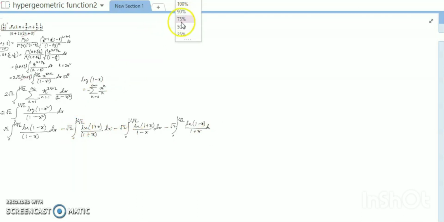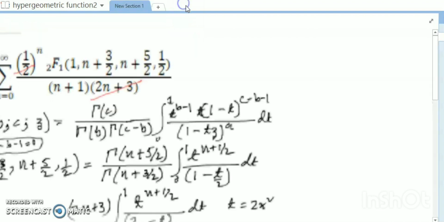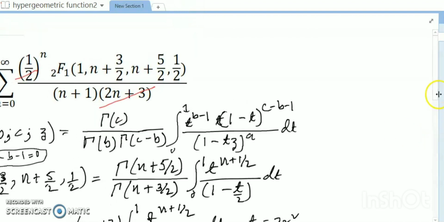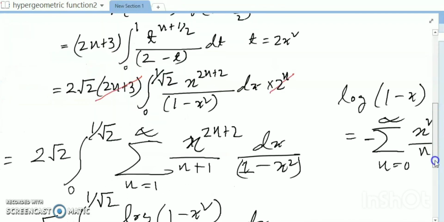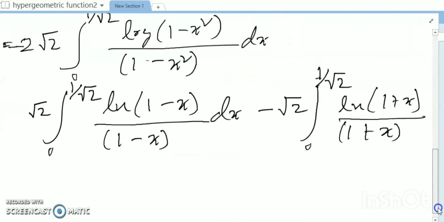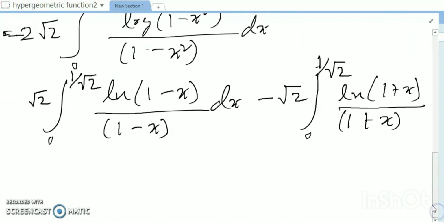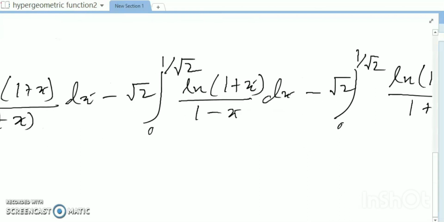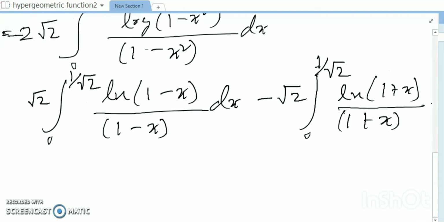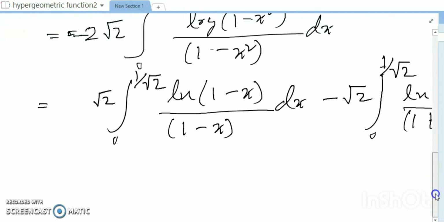Hope it is clear. I increase my font size, now I hope it is clear for everyone. Now I use the formula, the dilogarithm formula, but not so tough for understanding.